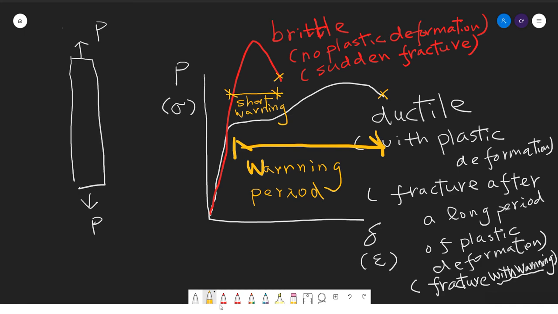But if the material is a ductile material like steel, you have enough time to escape. So, for example, this is a steel structure. It looks like this steel structure.